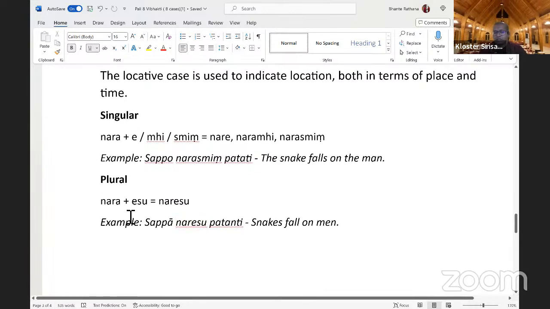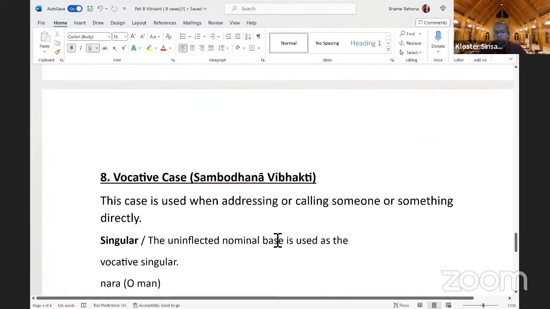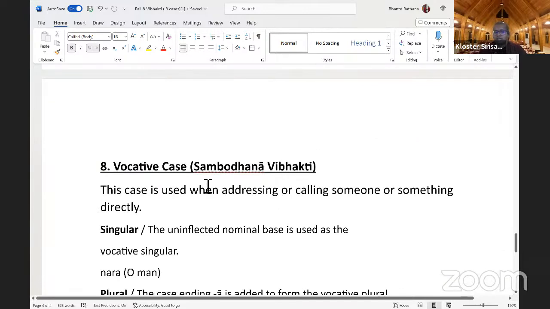And the plural, nara plus esu, naresu. Example: sappā naresu patanti. Snakes fall on men. So the last one is the vocative case, sambodhana vibhatti. This case is used when addressing or calling someone or something directly. If someone is in front of you, you say, hey, come. At that moment you use this case, called the vocative case.